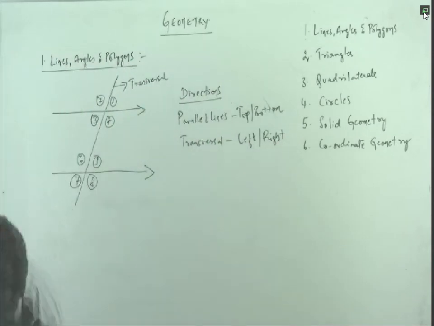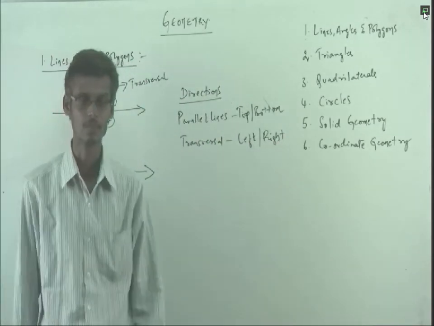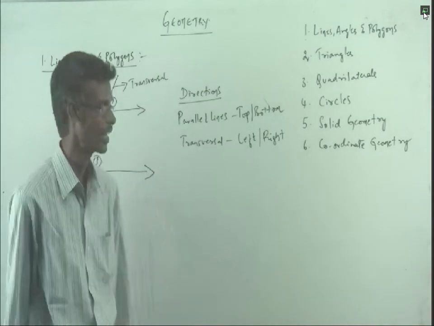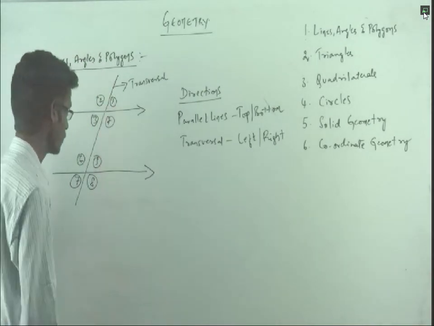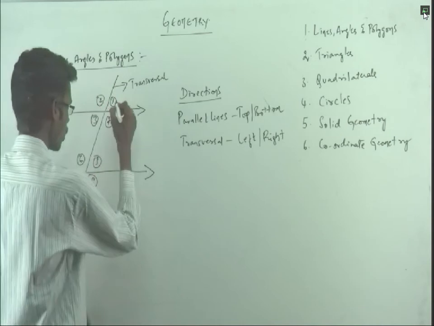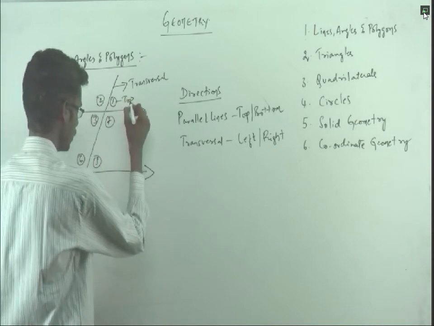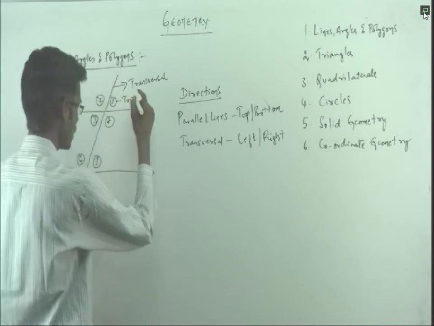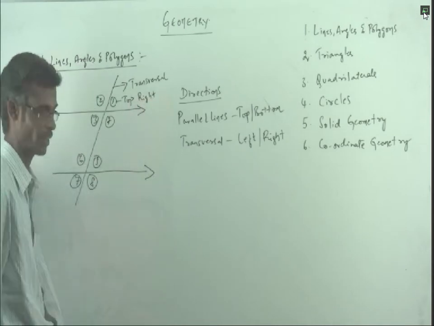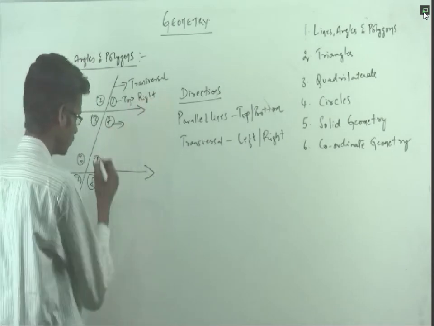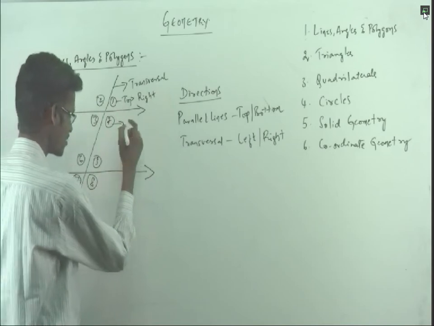Now, based on these directions, let us decide the positions of the angles. For example, consider angle 1. With respect to the parallel line, it is on the top side. So it is top. And with respect to the transversal, it is on the right side. So its direction is top right. And this one is on the bottom side and right side.